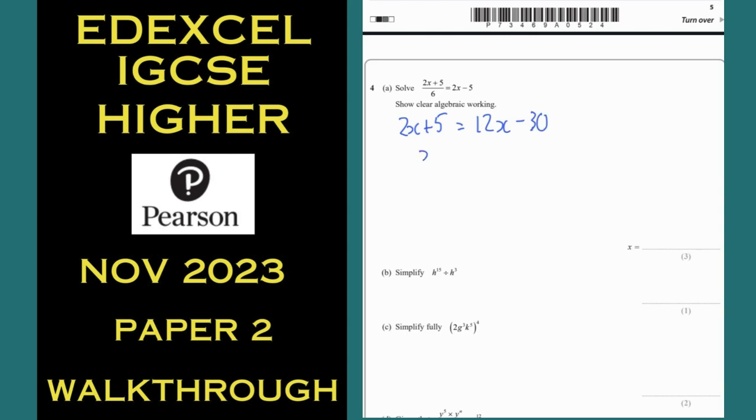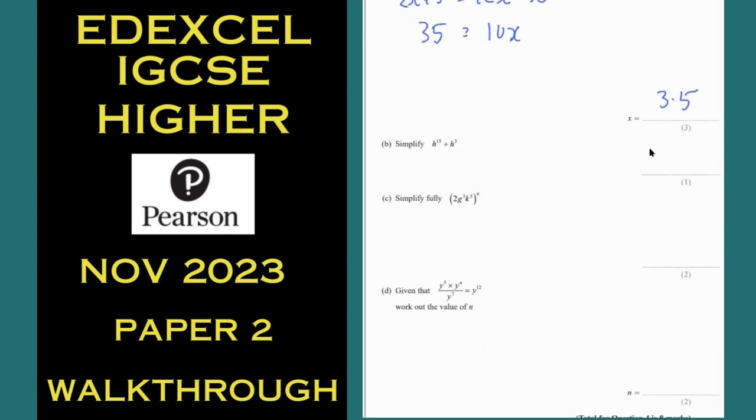Now let's add 30 to both sides while subtracting 2x from both sides. And X can have one of lots of answers: 35 over 10, 7 over 2, or 3.5, whichever you prefer. Part B, laws of indices. When you are dividing, you must subtract the powers.